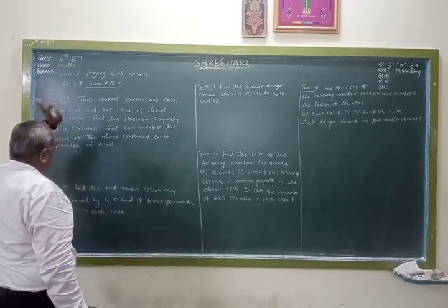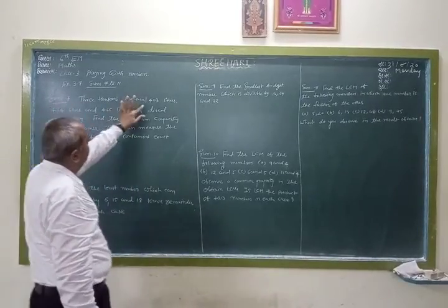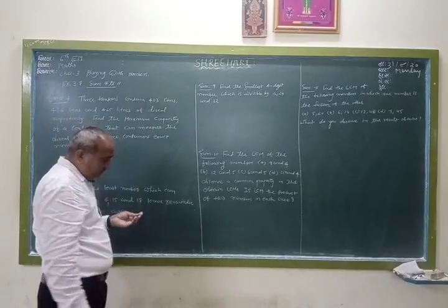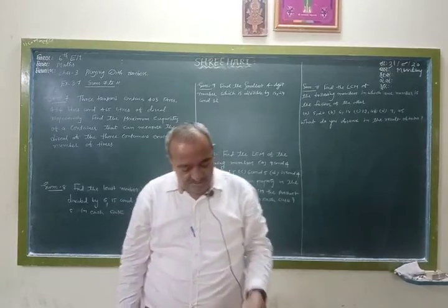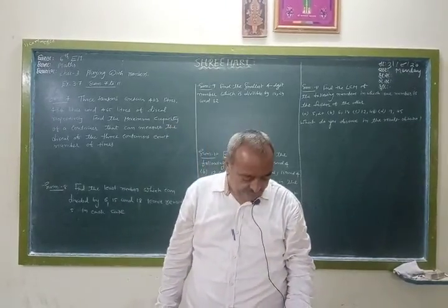First, sum number 7. 3 tankers. Tankers means the vehicle in which liquid substance is filled.